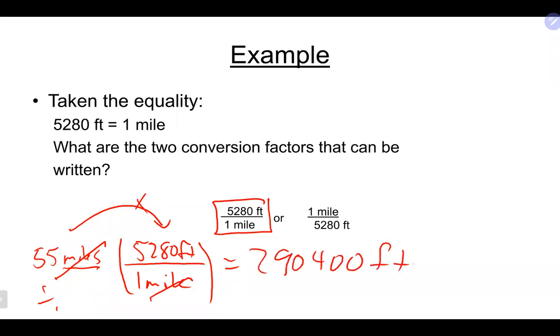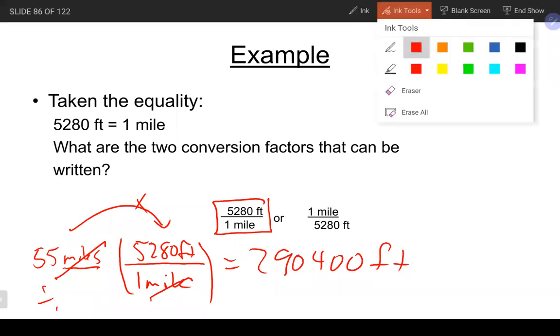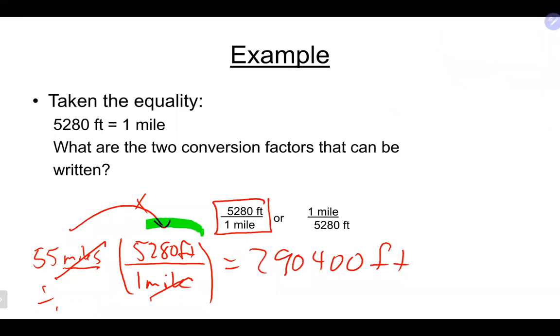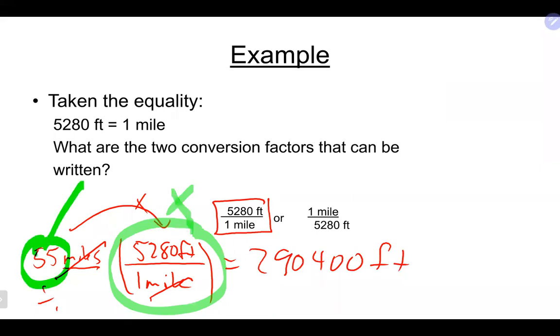290,400 feet. Now, in terms of significant figures, because this is a conversion factor, we don't have to worry about the sig figs that are here. So we would come back to here to look at the sig figs, and this has 2 sig figs, which means we should take it to here.